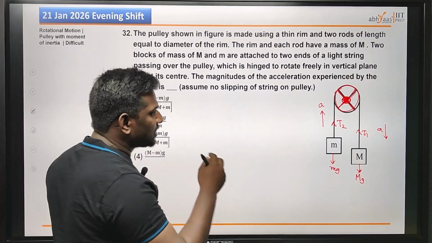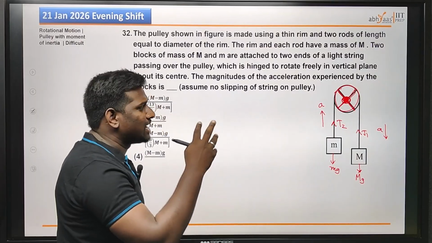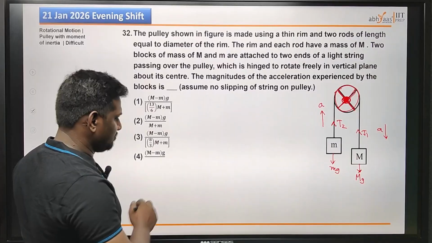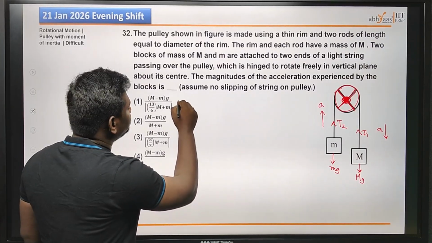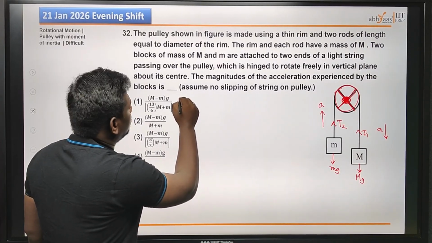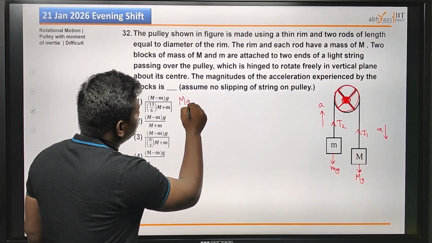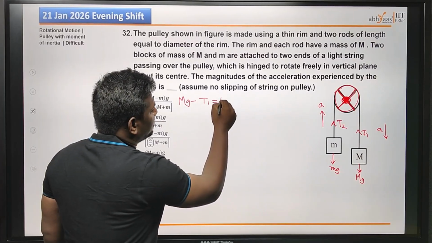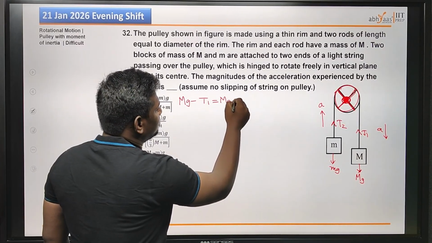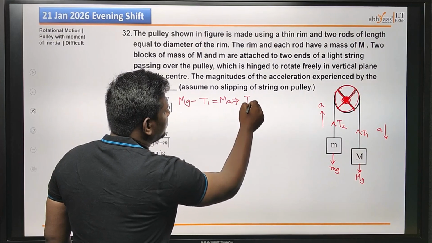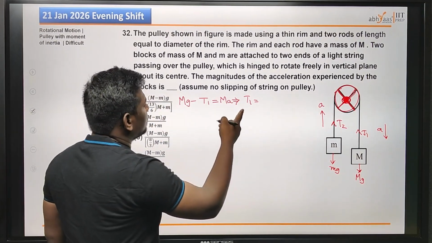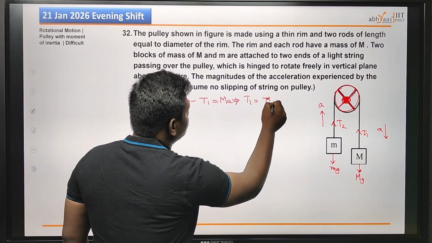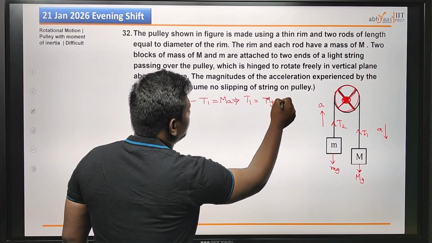Observe here, I am writing the free body diagram of capital M. Mg minus T1 equal to capital M A, acceleration. From this you can write T1 equal to Mg minus MA.